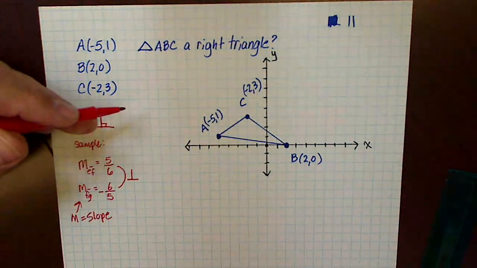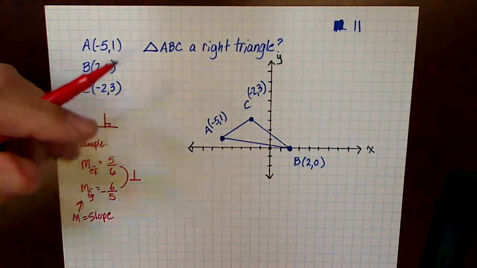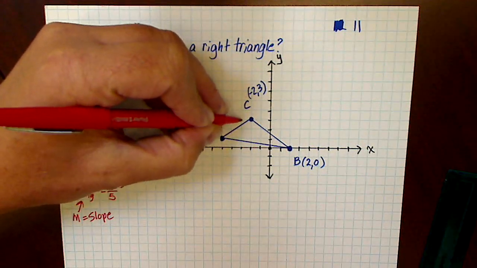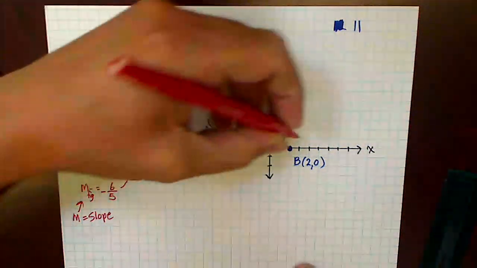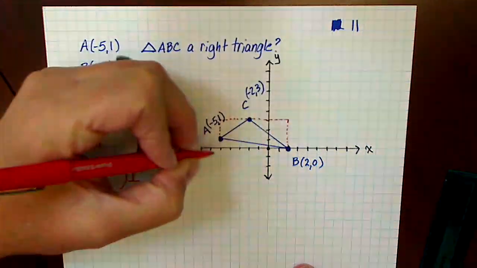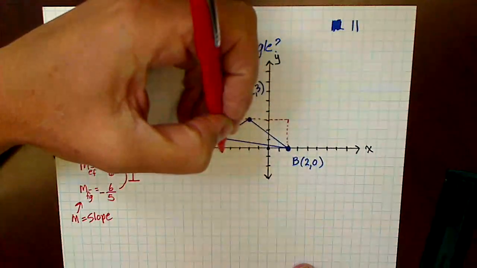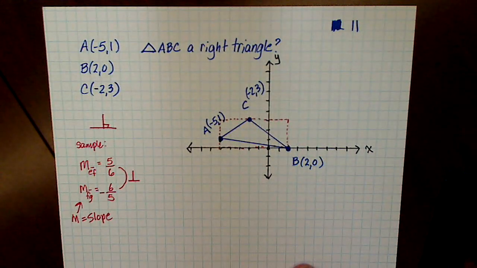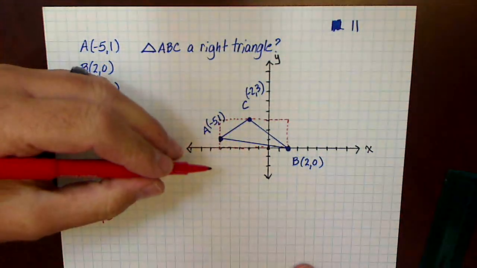So I'm going to use slopes in this picture to try to figure out if the rise and the run for any of these points are related in a perpendicular fashion. Let's just go ahead and write that right here.